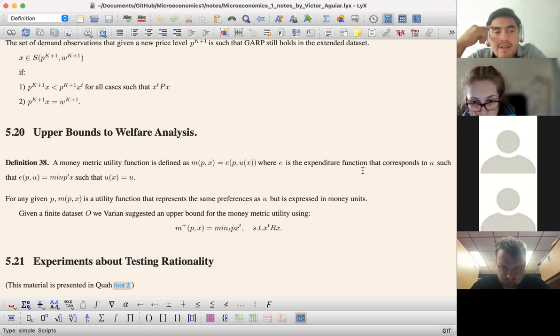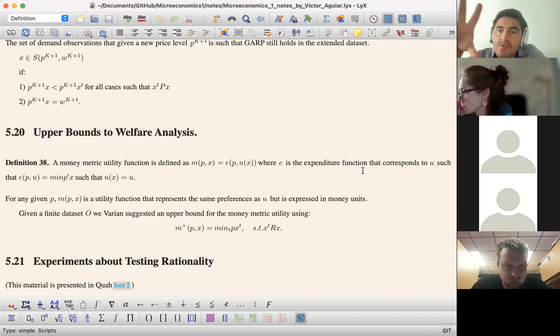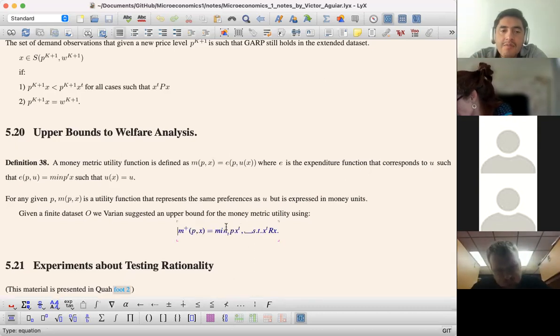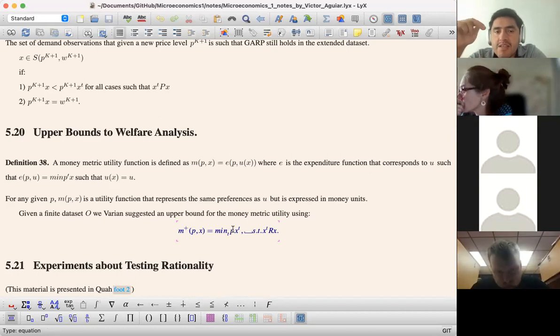Now, given a finite data set O, Varian suggested an upper bound for the money metric utility. So using just the revealed preference relation, you can actually create an upper bound for the changes in welfare. This is called M plus, and in particular, given the price, you can minimize across all observations xt, such that xt is revealed preferred to x, right?